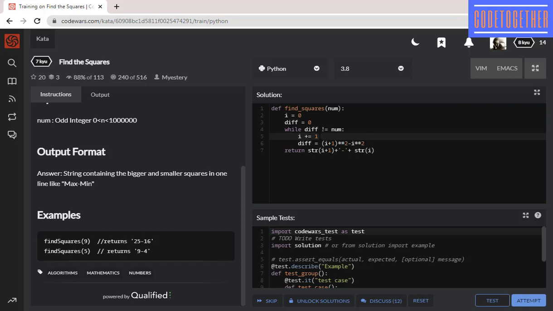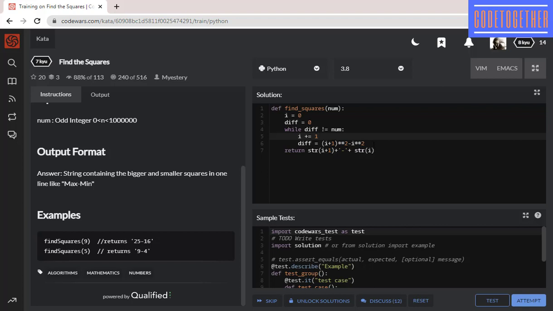Then i plus 1 is equal to 2, and 2 plus 1 is 3, 3 to the power of 2 is equal to 9, and 9 minus 2 to the power of 2, 9 minus 4, is equal to 5.